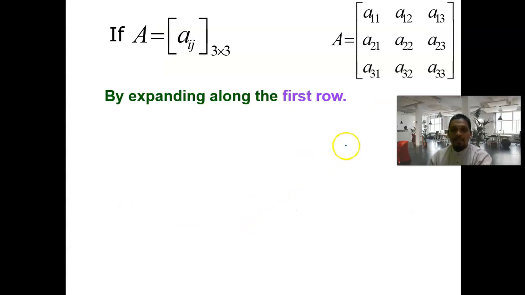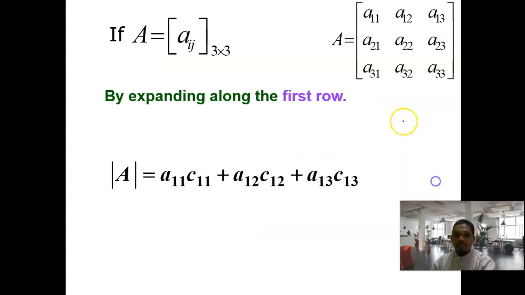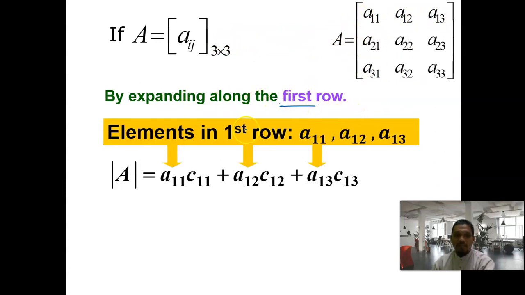If this is the matrix A, by expanding along the first row, these are all the elements in the first row, A11, A12, and A13. And every single element is multiplied with its cofactor, C11, C12, and C13.